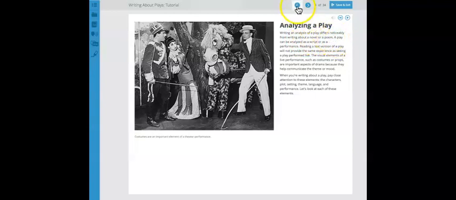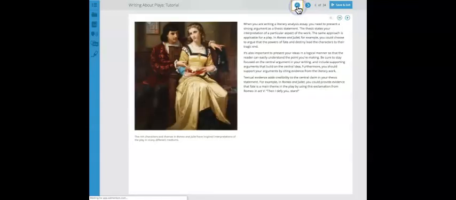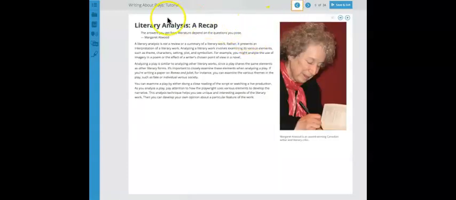So you may need to go back to some slides before and look at what literary analysis is. Literary analysis means analyzing literature. So when you look at this, you can see that it's not reviewing or summarizing the work. It interprets a literary work.